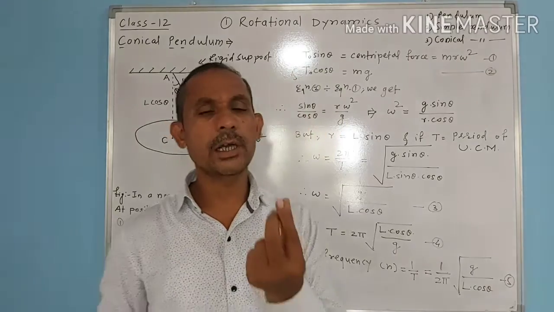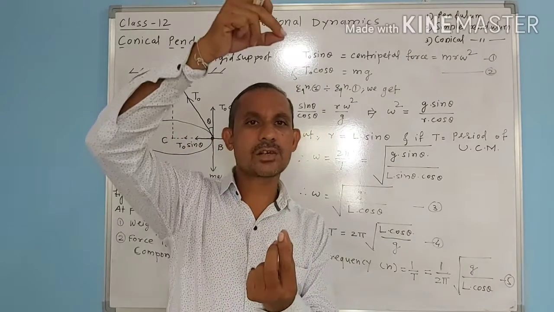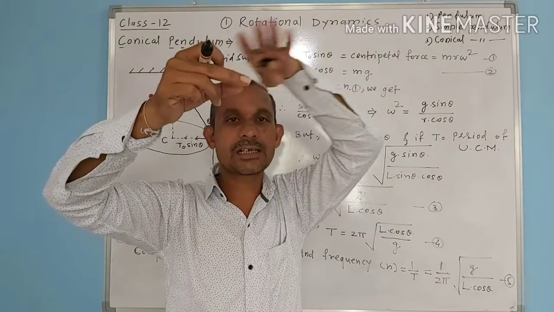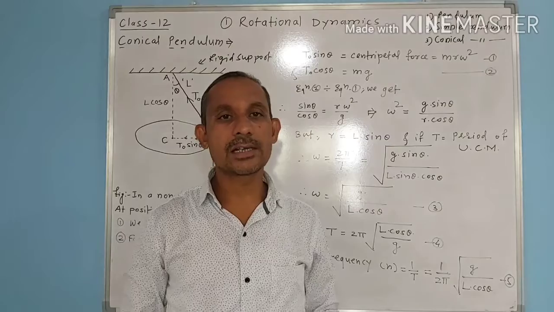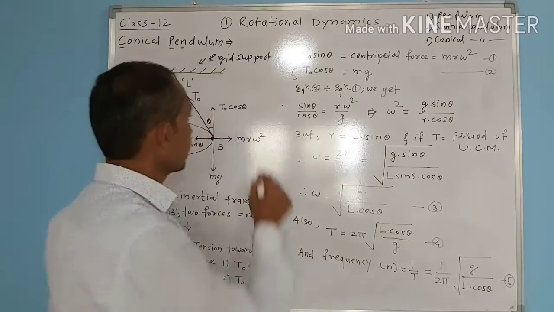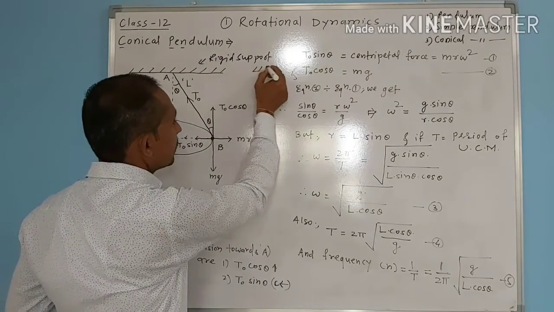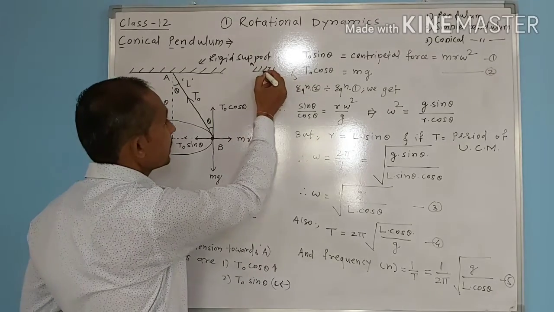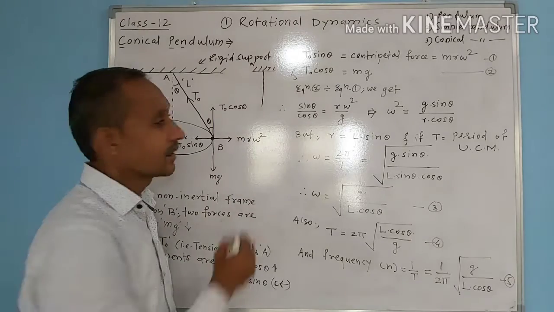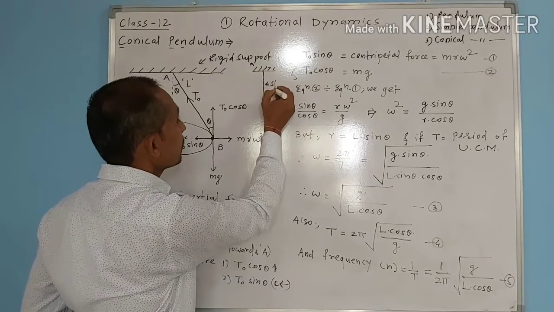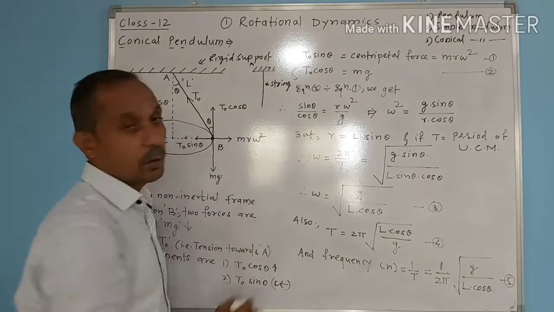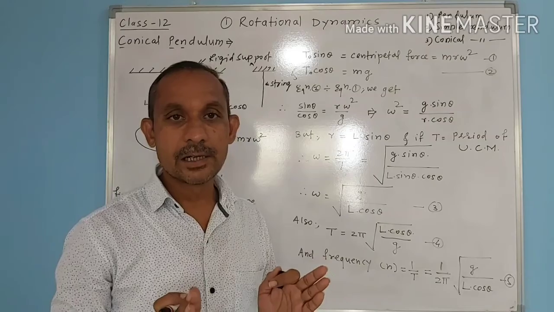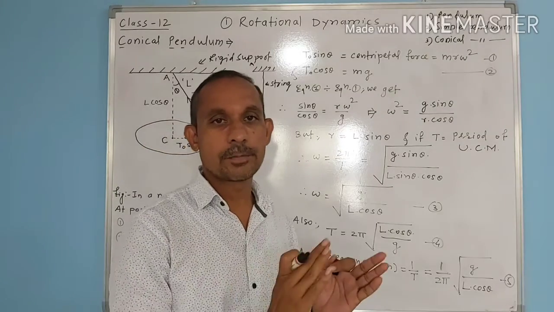When a bob is tied to a string and supported by the rigid support, it is called a simple pendulum. Pendulum means this is the rigid support. This is the string, and this string is weightless and inextensible. Such characteristics it should possess.